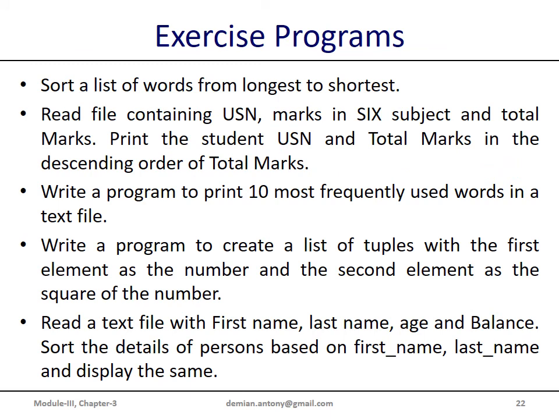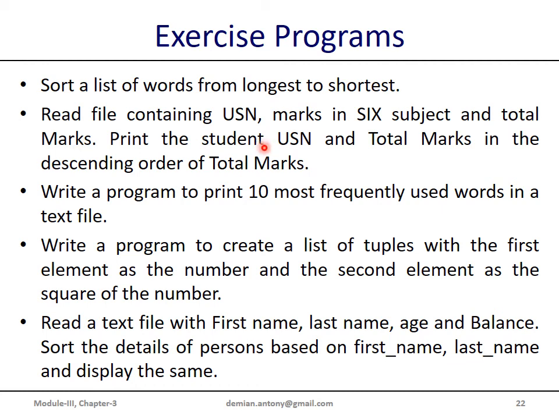These are a few simple exercise programs. First one is already solved in this presentation, and the second problem is to read a file having first column USNs and 6 columns with marks, and the 7th column the total marks.